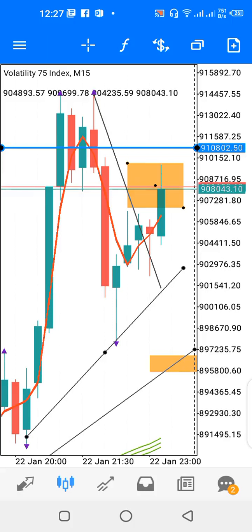Okay, like I said, there's an advanced Grail edge strategy that will always give you a win-win situation. You always close out in profits.